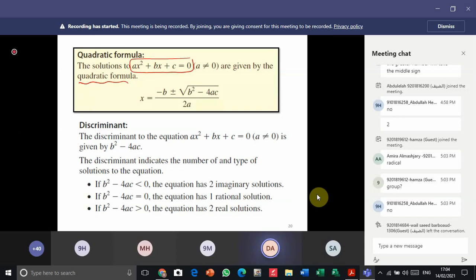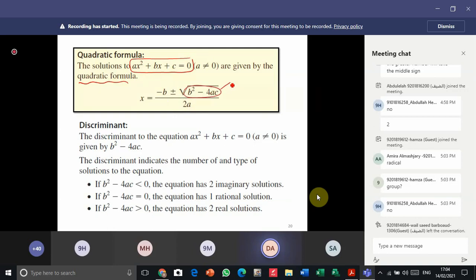What's the quadratic formula? x equals minus b plus or minus the radical of b squared minus 4ac, over 2a. This is called the discriminant.